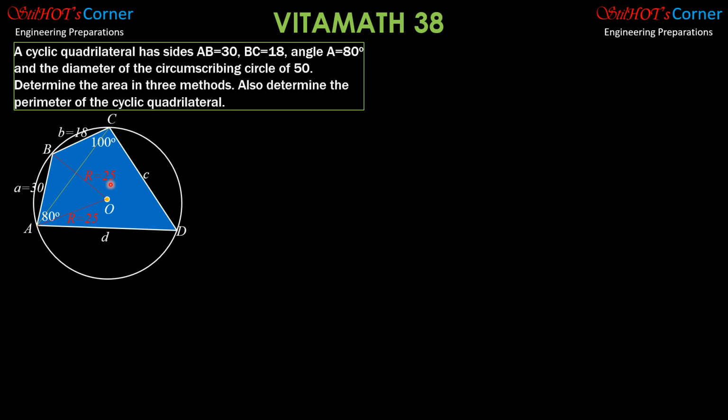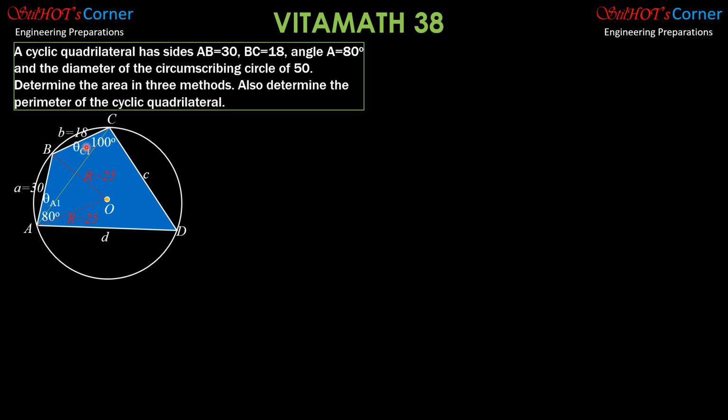Remember from the sine law, the ratio of any side of the triangle to the sine of the angle opposite it is equal to 2r, or the diameter of the circumscribing circle. Since a is known and b is known, we can compute this angle. I'll call this theta A1. So 18 divided by sine of theta A1 is equal to 2r.